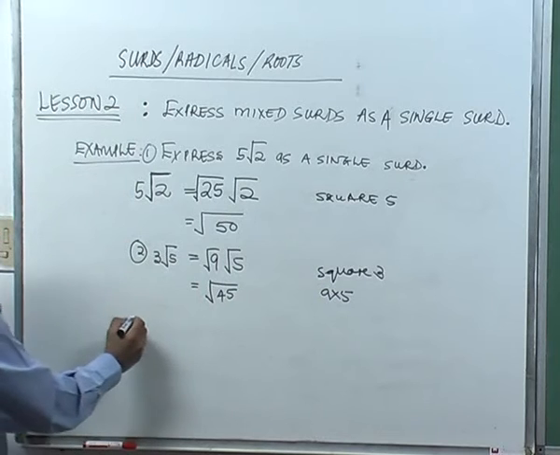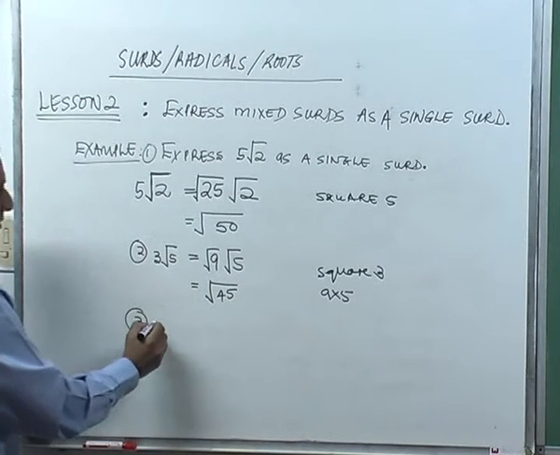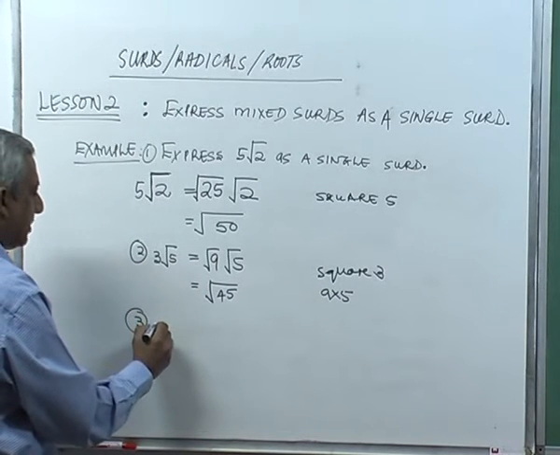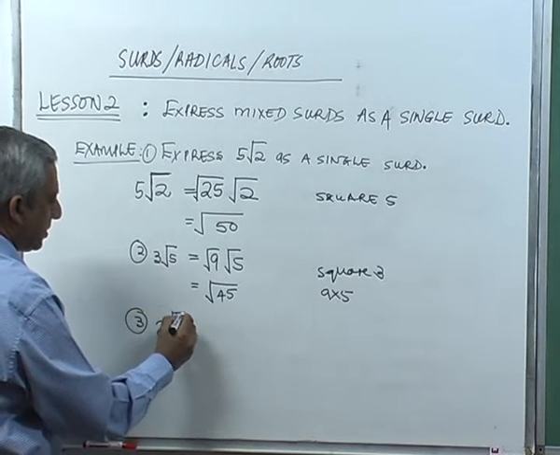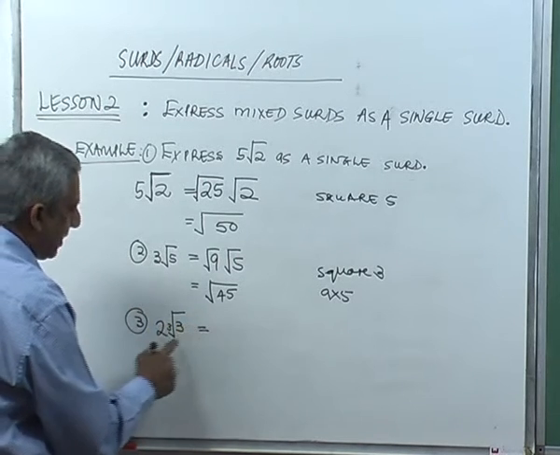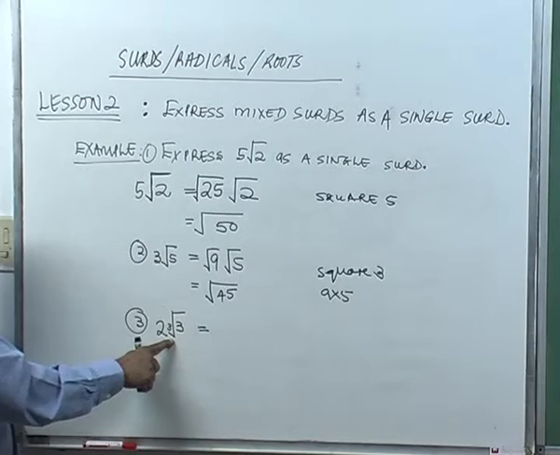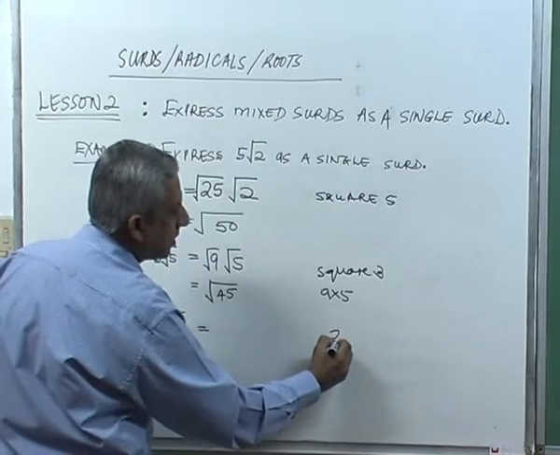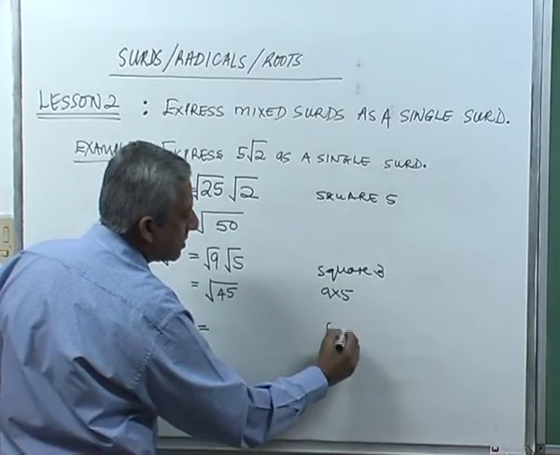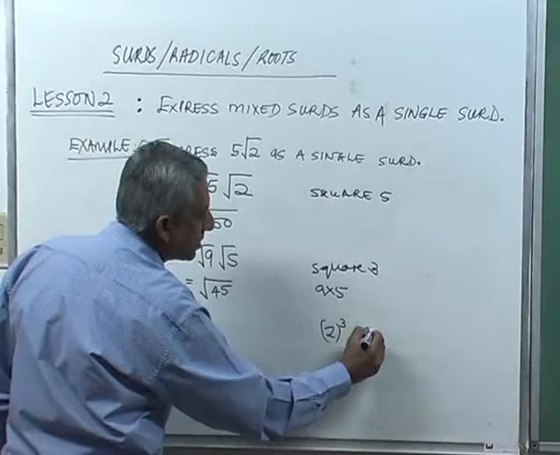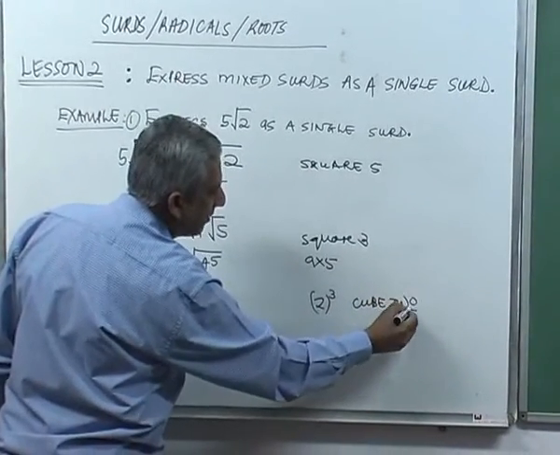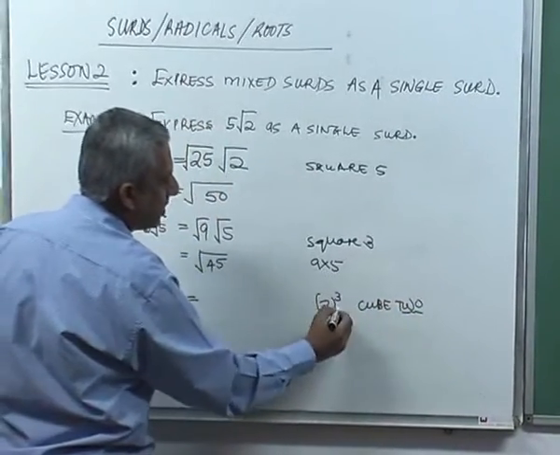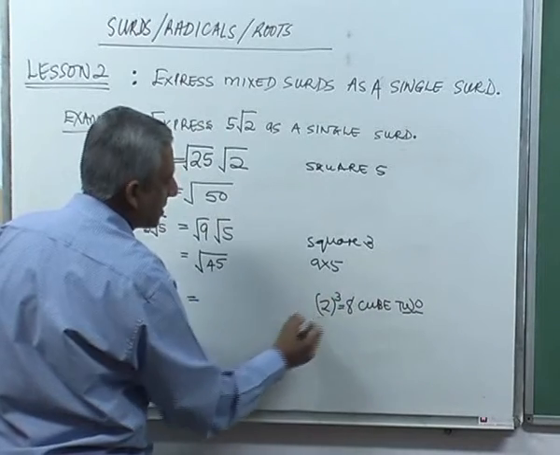Let's do another example. And watch this example. You got 2 cube root of 3. Now this time it's cube root. So you must take 2 and you must cube it. Take the number 2 and cube it. 2 cubed is 8.